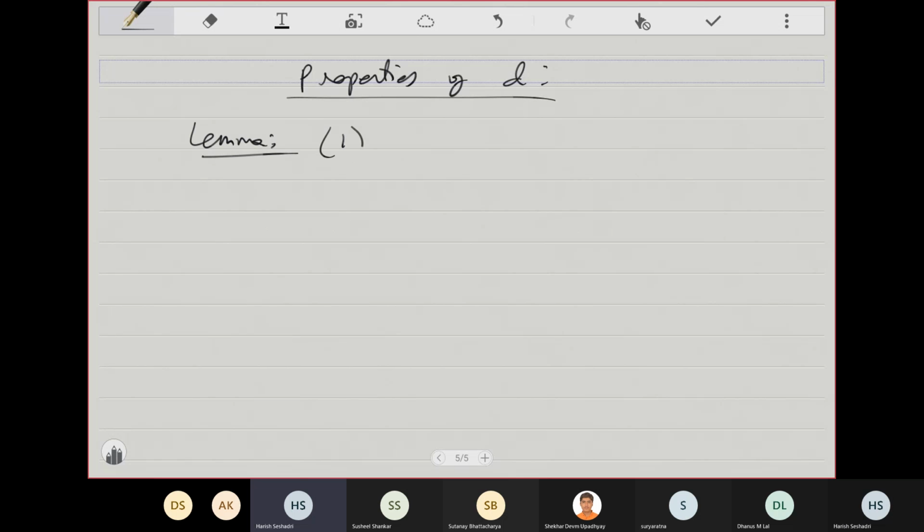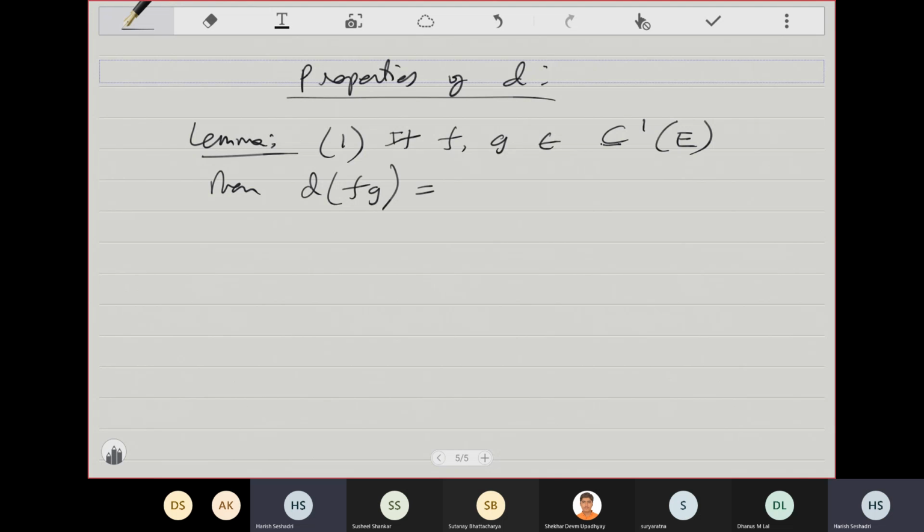The first thing is, if f, g belong to C1, then d of fg, the product of the two functions, I claim is g times df plus f times dg. In other words, the Leibniz rule holds, at least for zero forms.